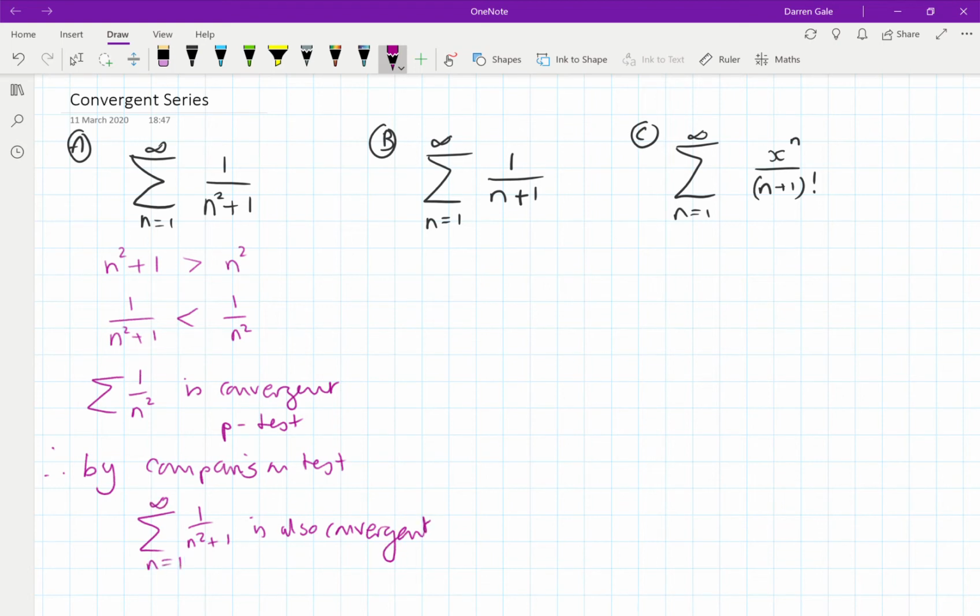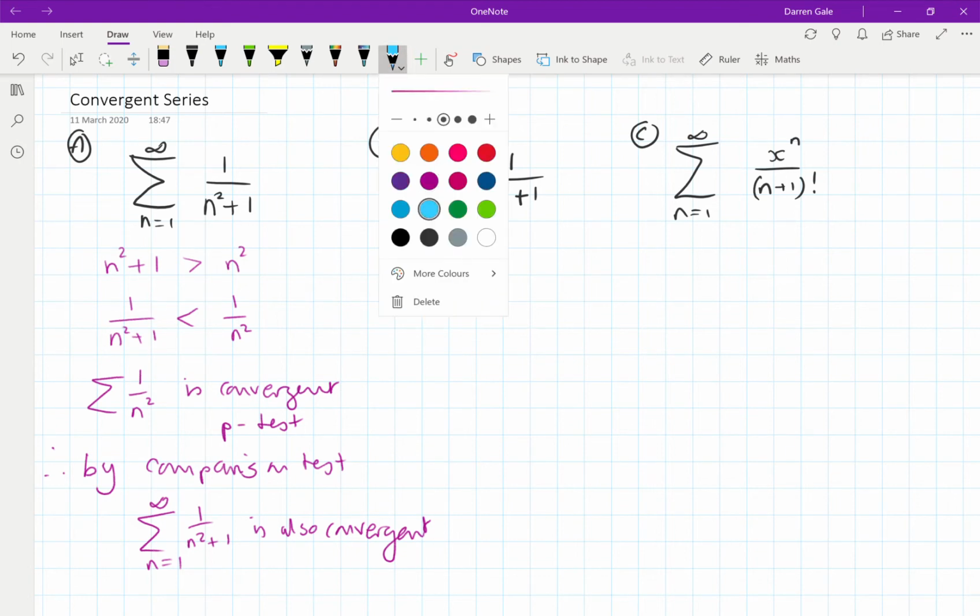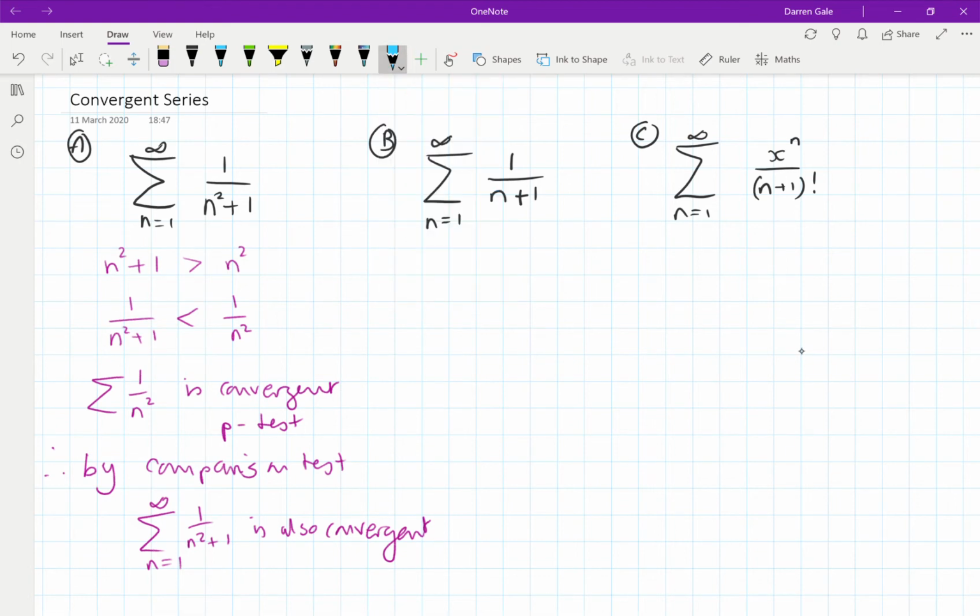So let's look at the next one. We can do the same sort of thing. This time n plus 1 is bigger than n, for whole numbers. So that means that 1 over n plus 1 is less than 1 over n. We know that 1 over n is divergent.